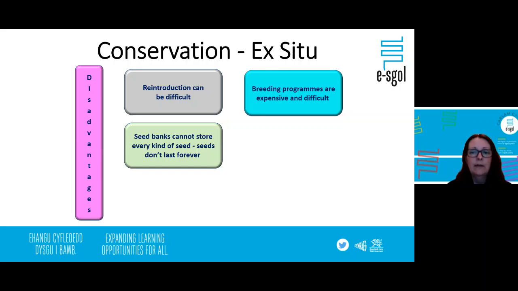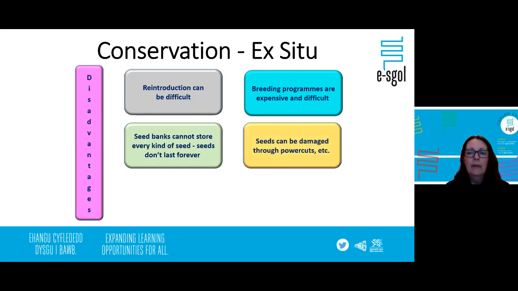And if seeds are being protected in ex situ conservation, then there may be a change in the environment that they are being protected in. They could be damaged through power cuts, so that could be a problem as well.